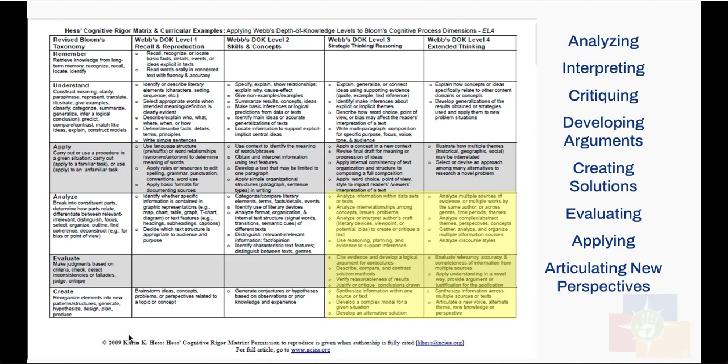Here, we can see active verbs such as analyzing, interpreting, critiquing, developing arguments, creating solutions, evaluating, applying, articulating new perspectives. So good essential questions allow students to do such things.